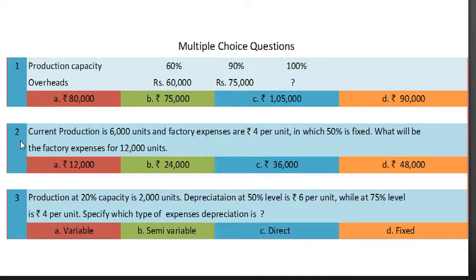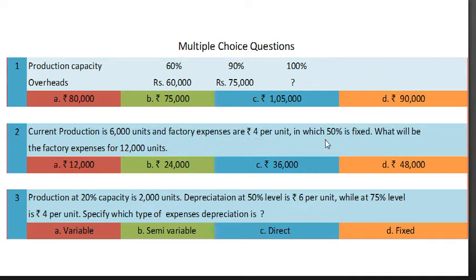Next, number 2. Current production is 6,000 units and factory expenses are rupees 4 per unit, in which 50% is fixed. What will be the factory expenses for 12,000 units? Dear students, here 6,000 units, factory expenses rupees 4 per unit, total 24,000.